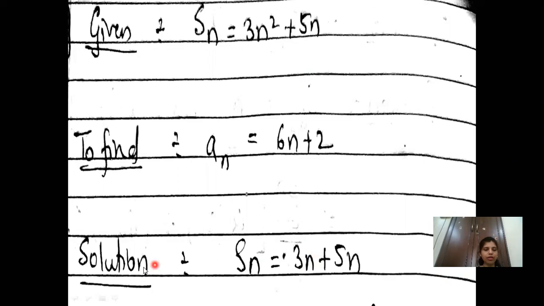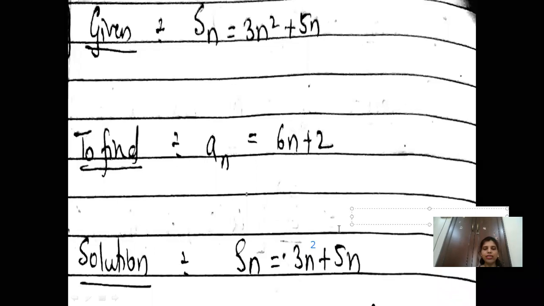Okay, children, just make a little change over here. This is square over here. Square is missing, so just make this change. It is 3n square. Just write over your square. I hope you have written this. Now we go to the next slide.